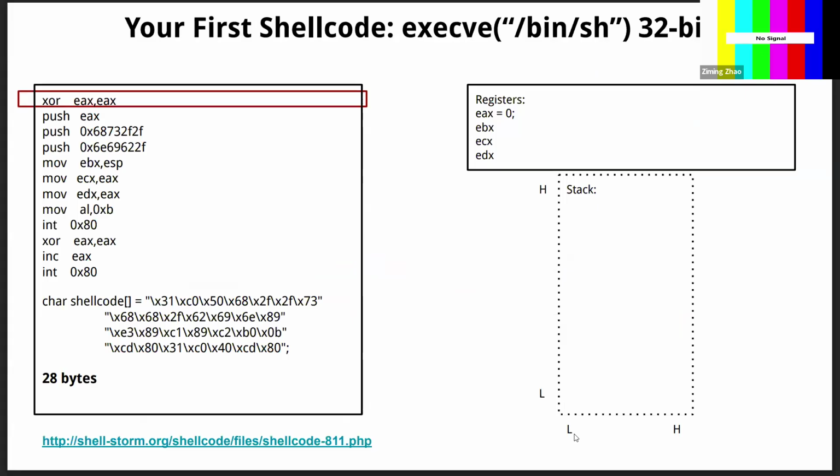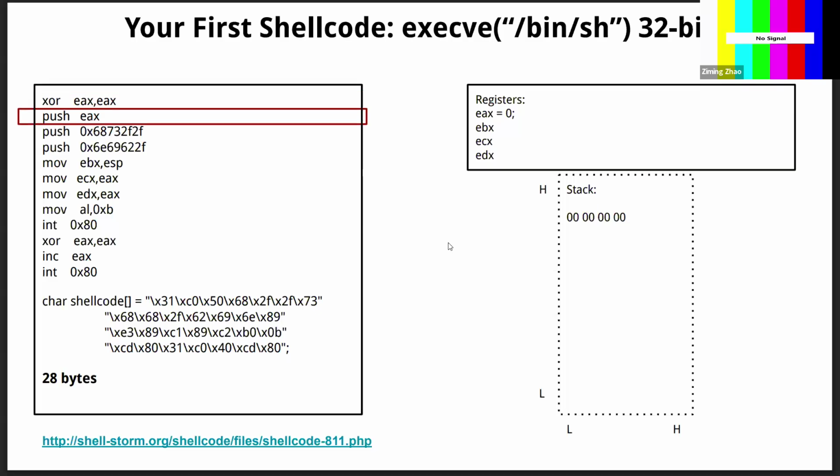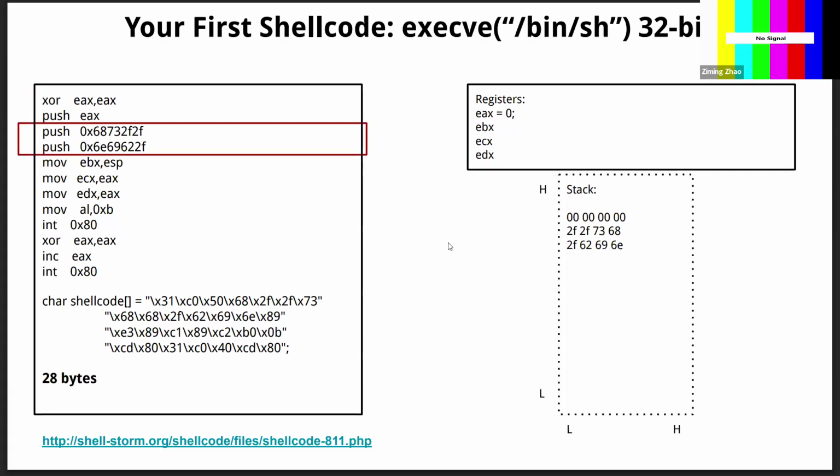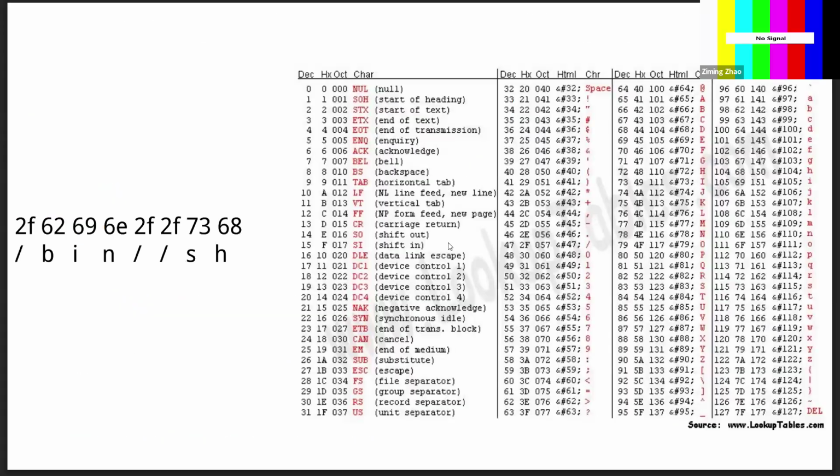A little bit of animation here. The first instruction sets EAX to 0. So EAX will have the value 0 here. Then push EAX. Then we get 4 bytes of zeros onto the stack. The reason we're doing that is we're trying to create a string in memory. Stack is memory. Then we push those 8 bytes there, and those 8 bytes map to slash bin slash sh.